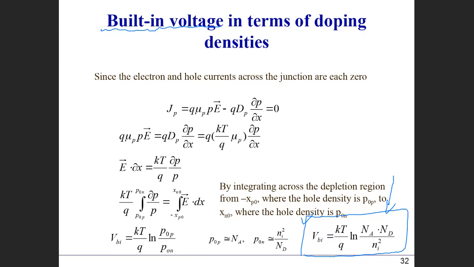In other words, if you have two different types of PN diode, one with highly doped semiconductor and the other with lower doped semiconductor, then as you expect from this equation, the highly doped semiconductor gives a higher built-in potential. Can you understand?